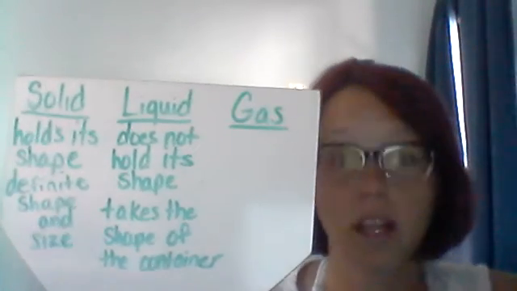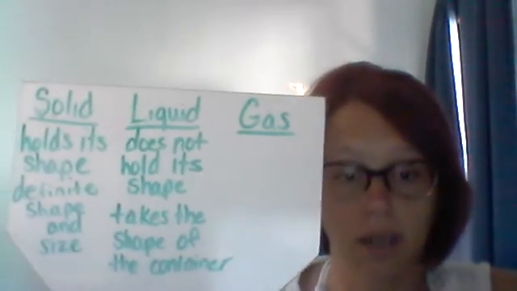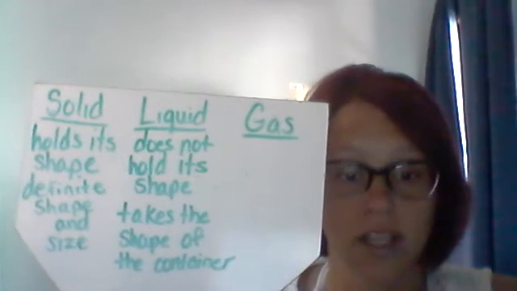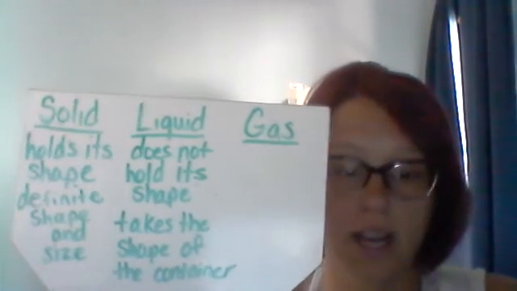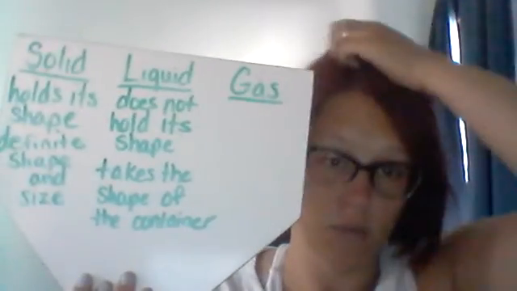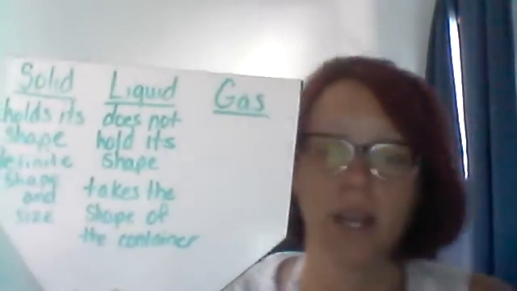Think about it being in an ice cube tray. That liquid takes the shape of the container. It does not have its own shape because we know a liquid spreads out when you pour it out of a container. Okay? And the particles in a liquid start to spread out, right? Think about when you dump them out, they spread out. They're a little farther apart. They're not so tightly packed together.